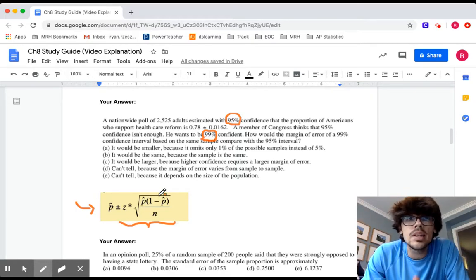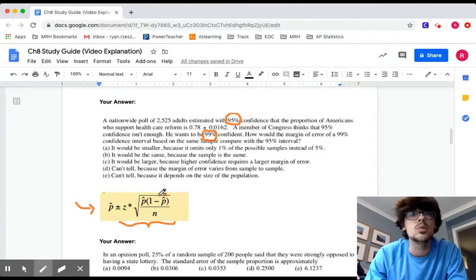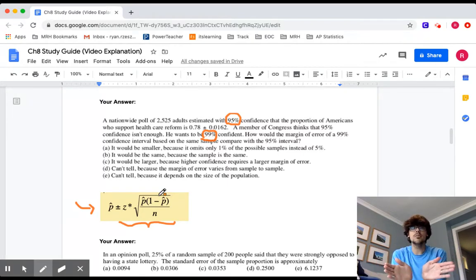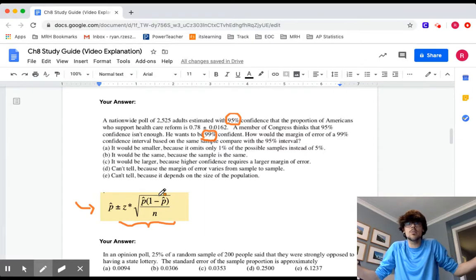If you go from 95 to 99% confidence, let me try to explain just conceptually. This is the easiest way to do this one. If I'm 95% confident that I'm going to capture the right answer, and then I want to be 99% confident, if I want to be more confident I'm going to capture the answer, I'm going to reach my arms out wider so I can cover more ground.